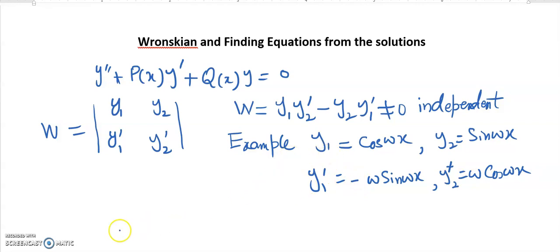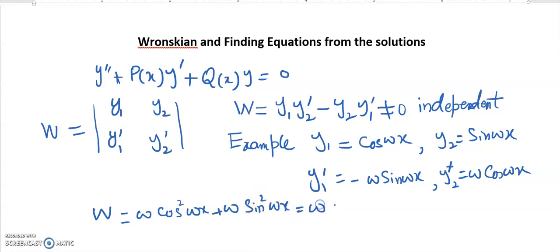To find the Wronskian, I will multiply y1 with y2 prime, so it will be omega cosine square omega x, and minus y2 y1 prime, minus this minus, so it will be plus omega sine square omega x.